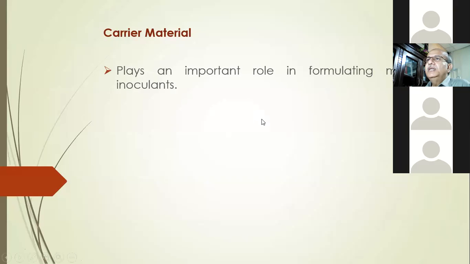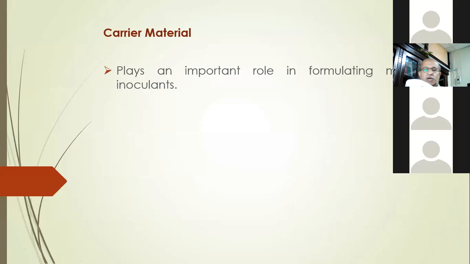Carrier material plays an important role in formulating microbial inoculants. For example, I'm showing you a product from this lab. You can see this is a carrier based product, which has 3 types of bacteria, meaning a consortium of bacteria is present in it, which can be used for controlling weeds.